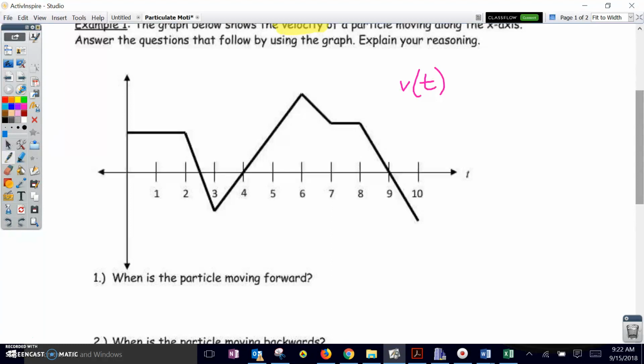And so we've got the time interval from 0 to 2.5, and the time interval from 4 to 9, particle moving forward. And we can explain our reasoning by saying velocity is positive on these time intervals.